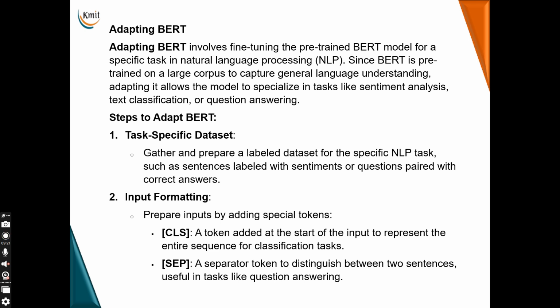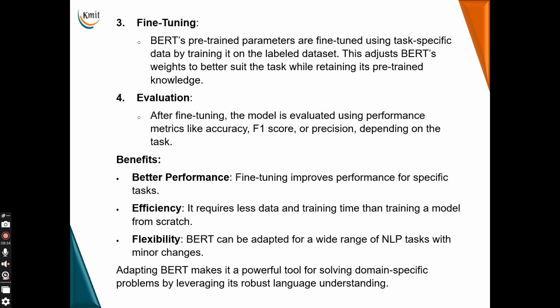SEP, this can be used to indicate a separator token which will separate two sentences one from the other. This can be used when you are working with tasks like question answering.